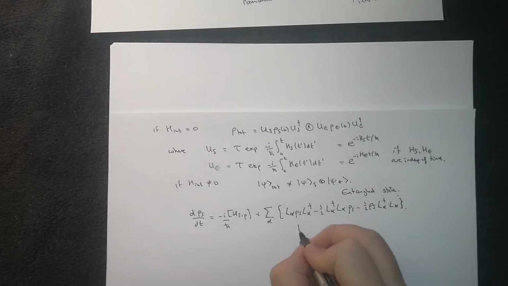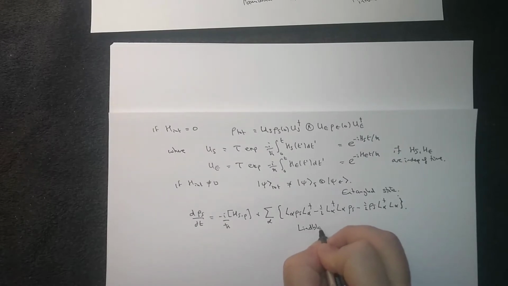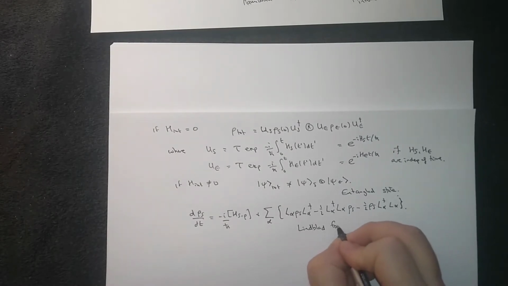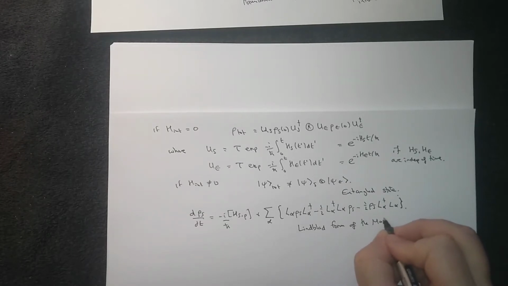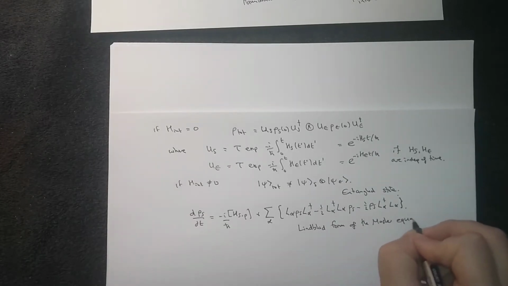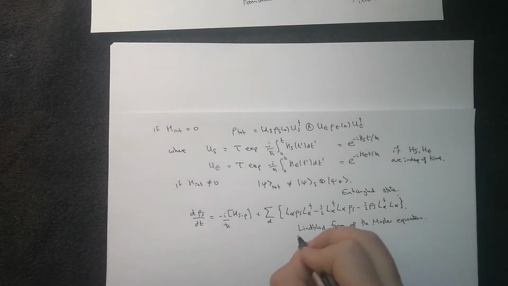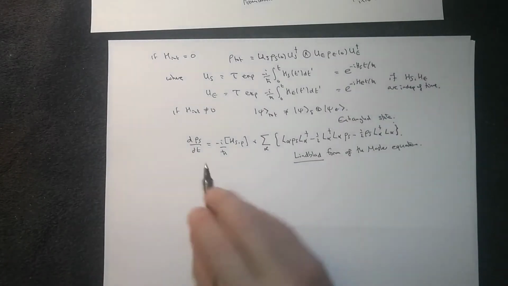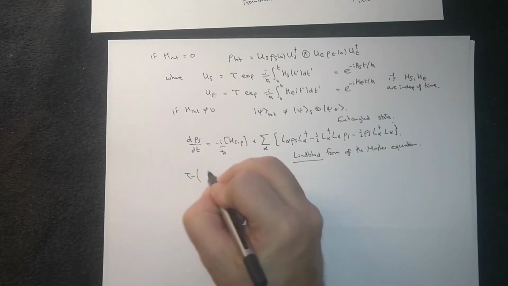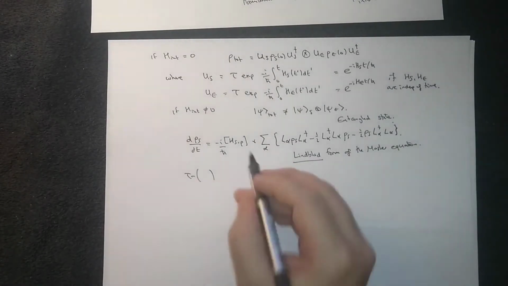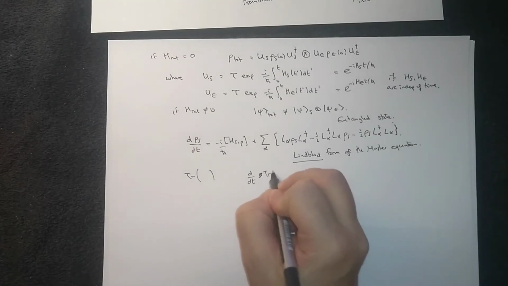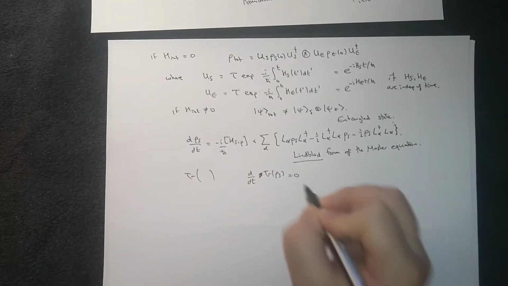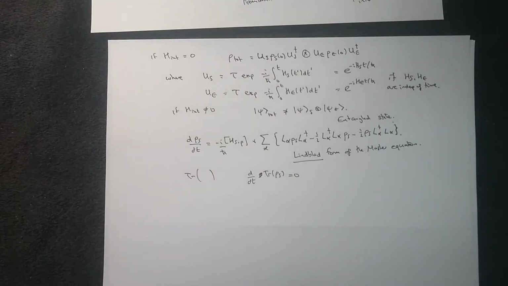And this is the Lindblad form of the master equation. If you were to take the trace of both sides, you'll see that d by dt of the trace of rho_S is 0 by the cyclic property of the trace.